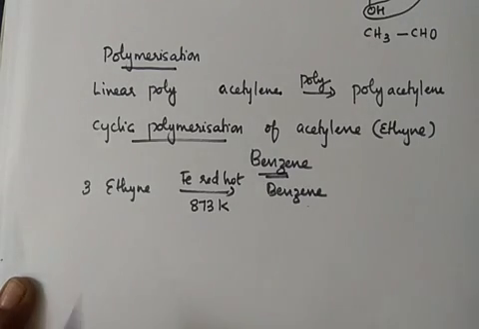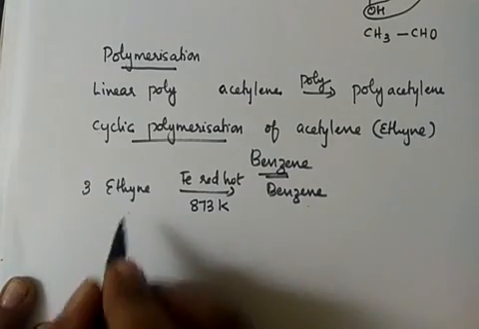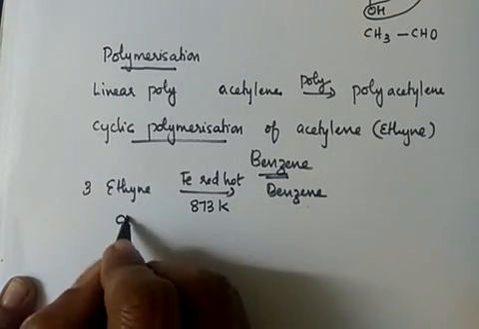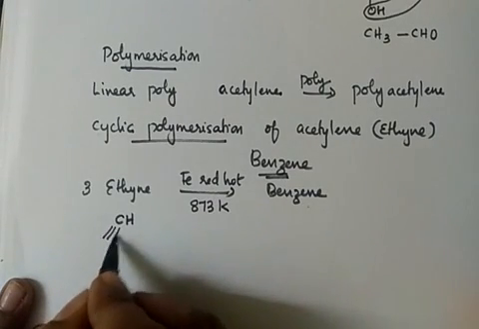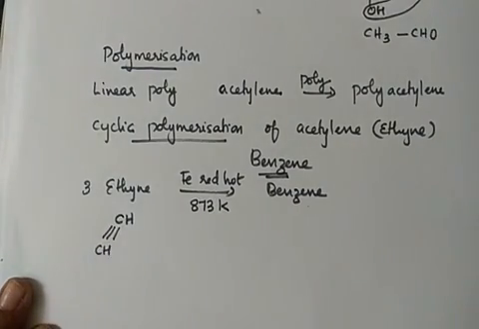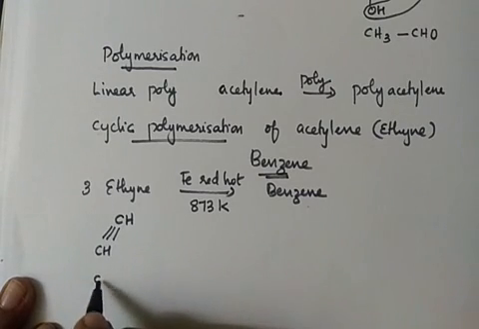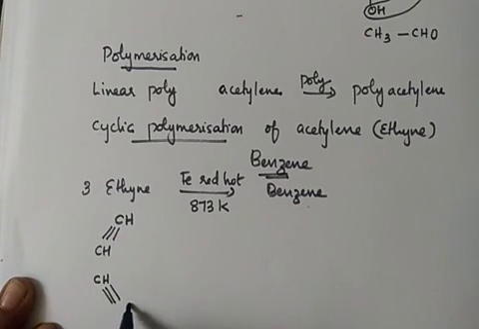How many molecules of ethyne are needed here? 3 molecules of ethyne. Let's write the 3 molecules like this. Listen here, CH triple bond CH, this is one molecule. Another molecule you can write like this, CH triple bond CH.